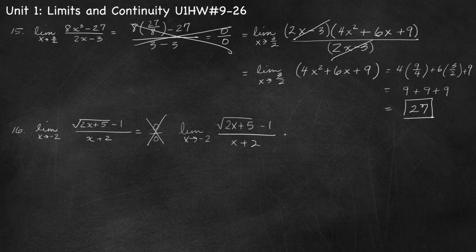So I'm going to multiply by the square root of 2x plus 5 plus 1 over the square root of 2x plus 5 plus 1.